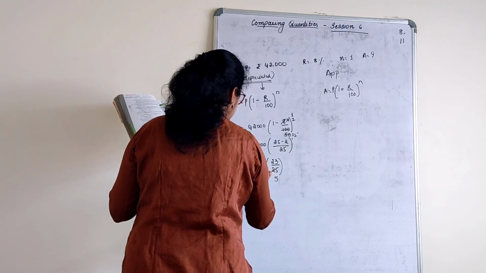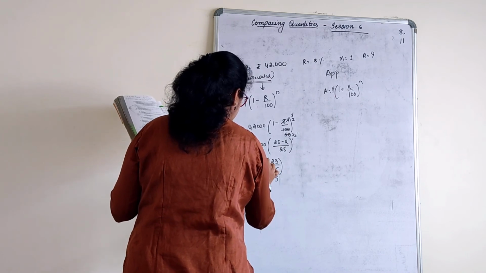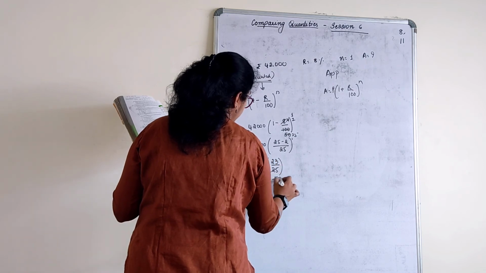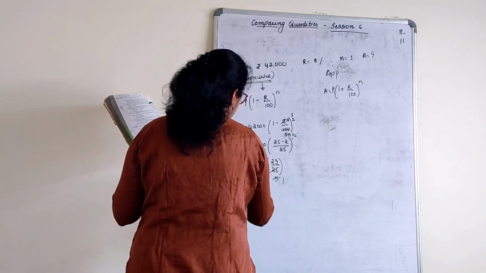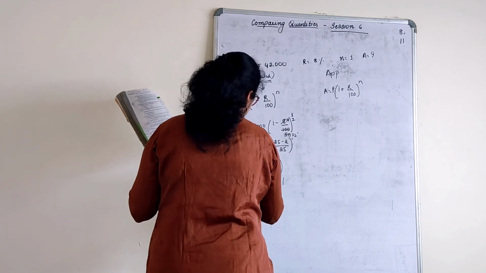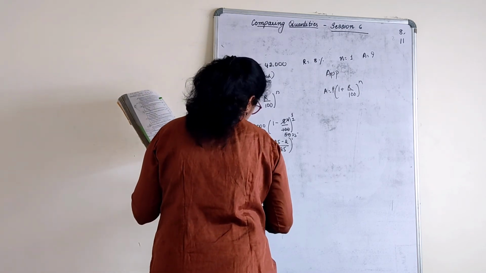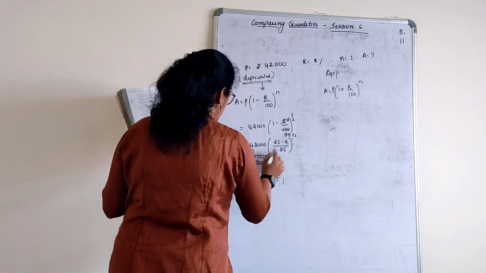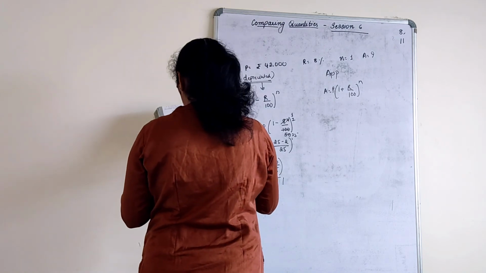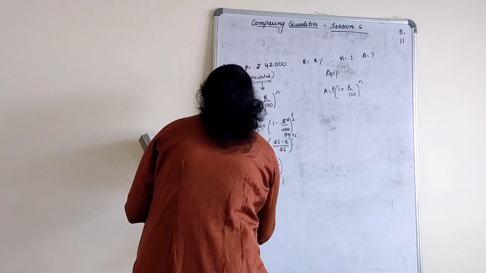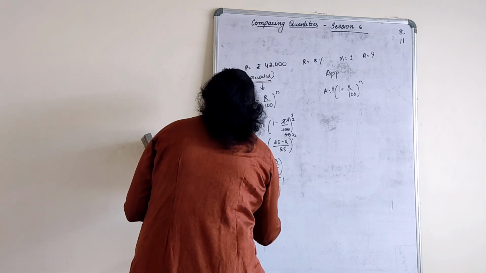5 fives are 25, 5 eights are 40, 2 remainder, 5 fours are 20, 0. 5 ones are 5, 5 ones are 5, 3 remainder, 5 6s are 30, 4 remainder, 5 eights are 0. So when you multiply this, you will get the answer for depreciation as 38,640.